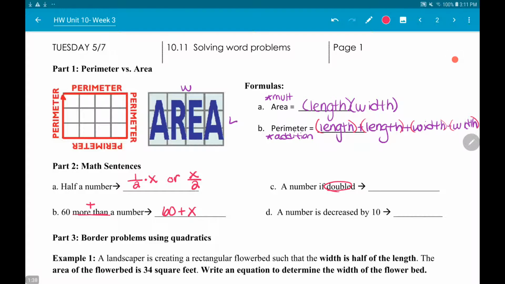What does doubled mean? Doubled means times 2. So a number doubled is 2x. A number decreased by 10. Decreased means subtraction. So some number decreased by 10.